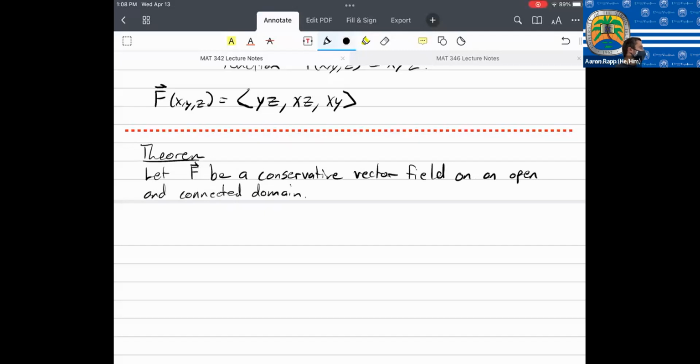Essentially, open means it doesn't contain any of its boundary points, and connected just means that I can't break it up into two disjoint open sets.